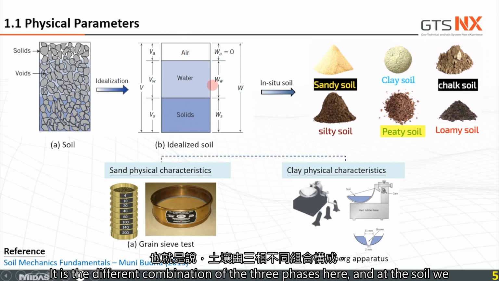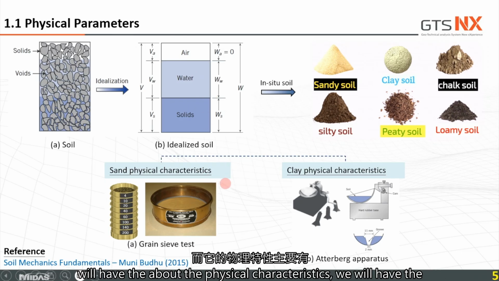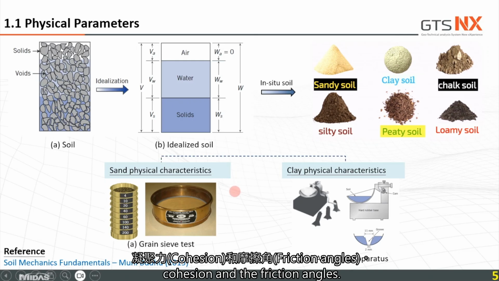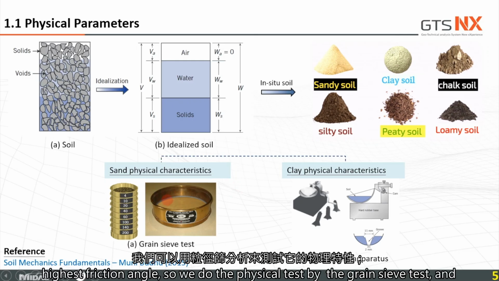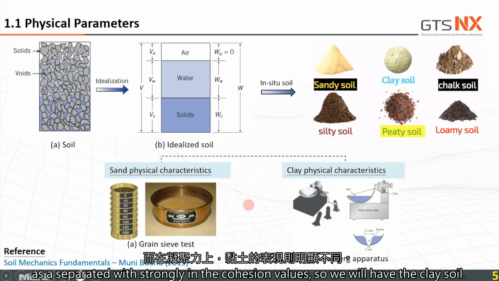In the soil, we have the physical characteristics. We have the cohesion and the friction angles. The sand soil represents the highest friction angle, so we do the physical test by the Grain-Sieve test, and it is separated strongly from the cohesion values.